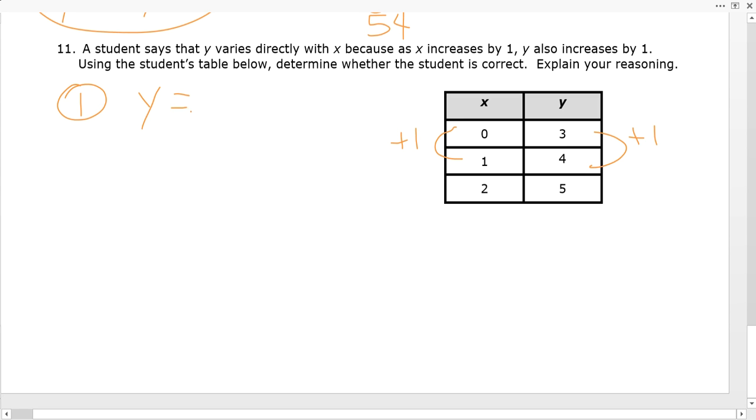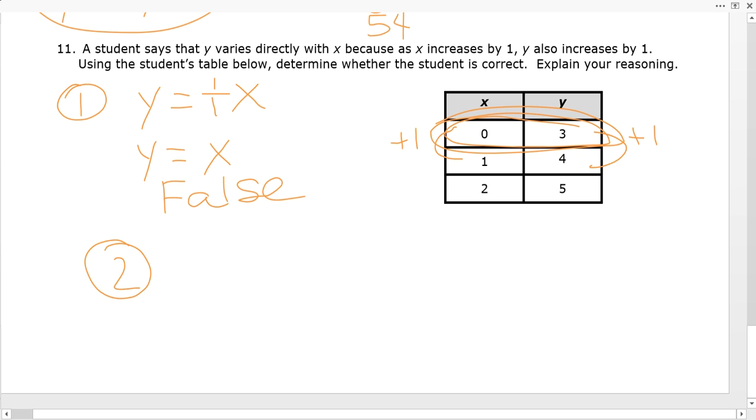That means y equals 1 over 1 x, which means y is equal to x. And if I look over at my table, my y and my x are not equal to each other. So this is false, and it is not an equation with a direct variation. The second thing I notice is it does not go through 0, 0.